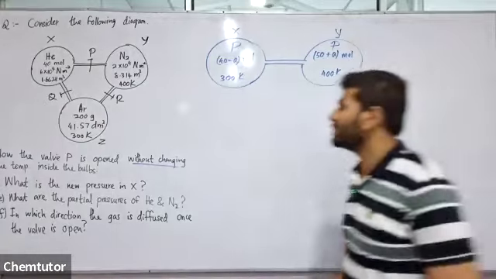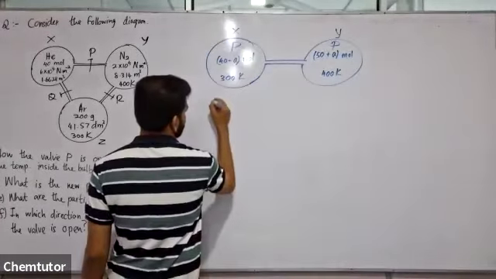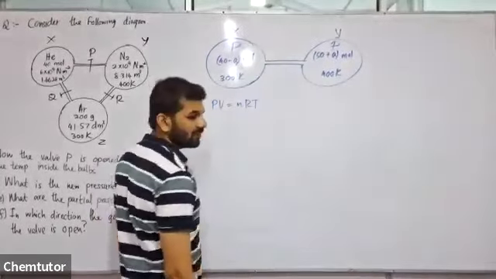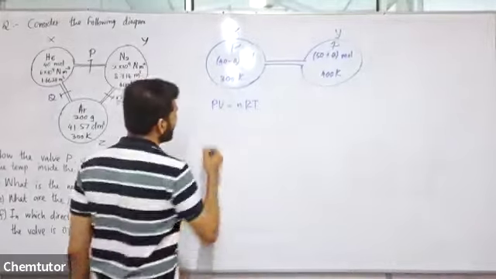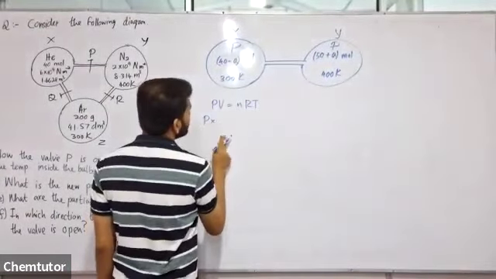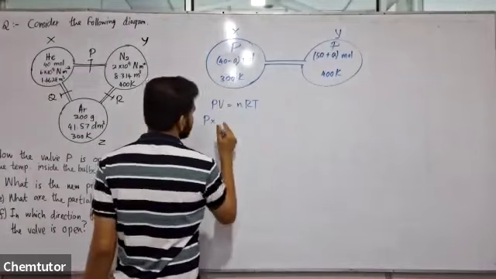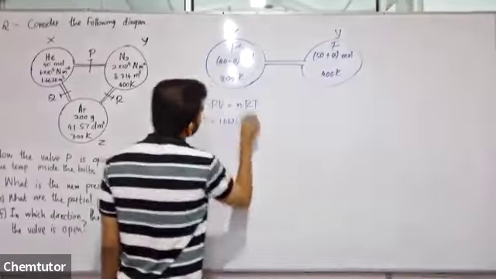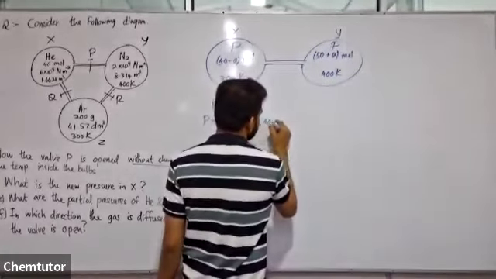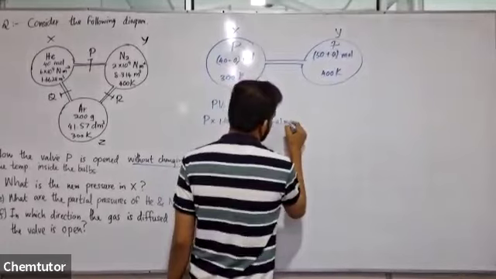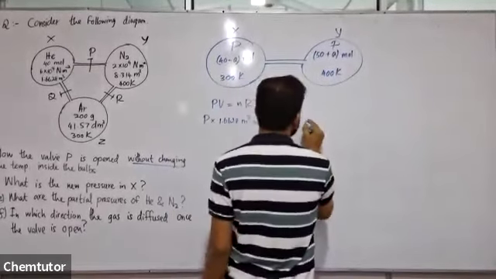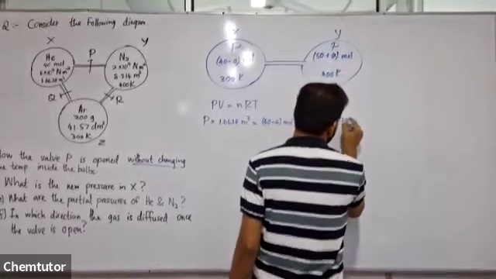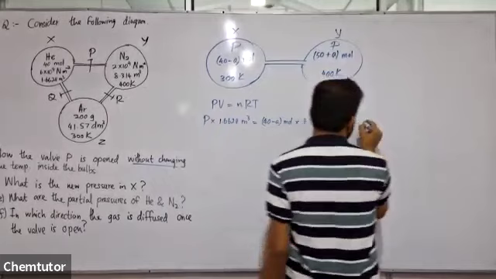Then to the bulb X we can apply P equals nRT. We don't know the P, and the volume is 1.6628. The number of moles will be 40 minus A. R is 8.314 and the temperature is 300.